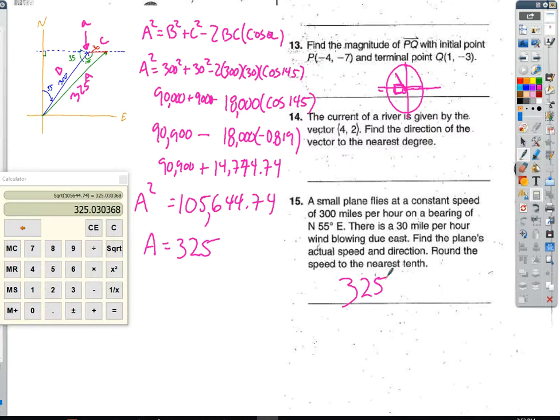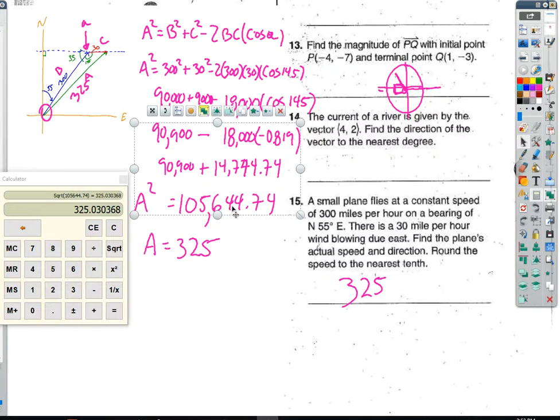So now we are going to have to find the direction. And so we already know that it has a direction of 55 degrees over here. So we need to find this angle right here to add it to this 55 degrees. And to do that, we're going to have to go to the law of sines.